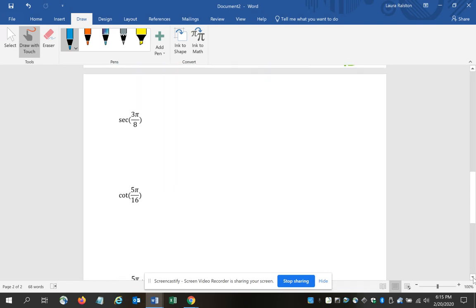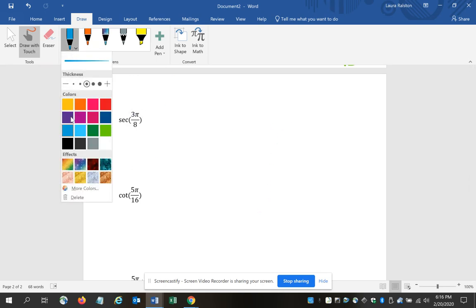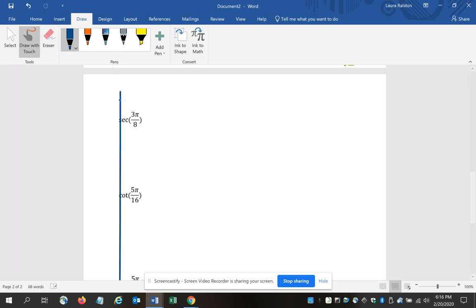Okay, the next one we talk about is secant. If you want to think about what partners with secant, we have secant, and then you need the function that has co, so that's going to be cosecant.